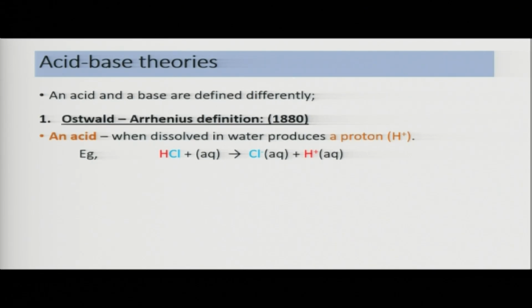For them, any substance which, when dissolved in water, can produce a proton, a hydrogen ion, is an acid. HCl, for instance, is an acid because it has hydrogen which can be released in water. We're bringing in water in form of aqueous, you know that.